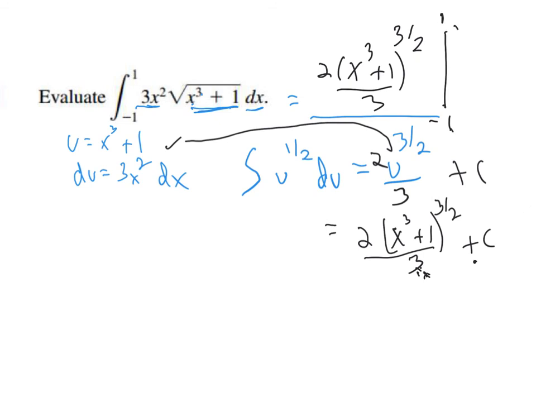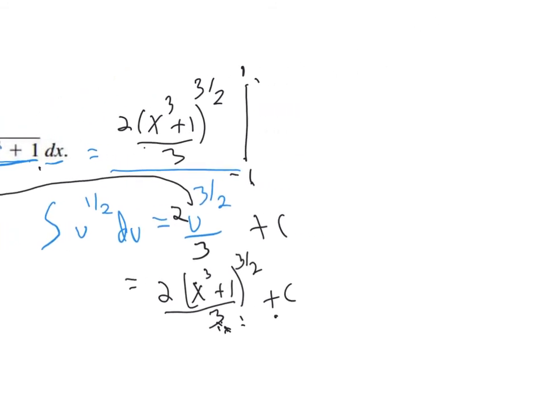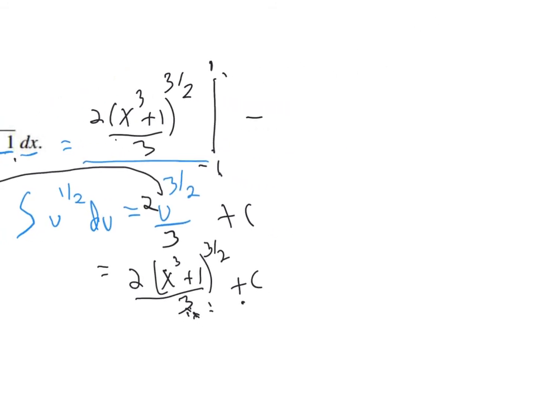Those limits only go with the function after you plug back in the x. Equals, let's see, if I plug in a 1, it's going to give me 1 cubed plus 1. That's a 2. 2 cubed is 8. Square root 8, well, that's an ugly number.